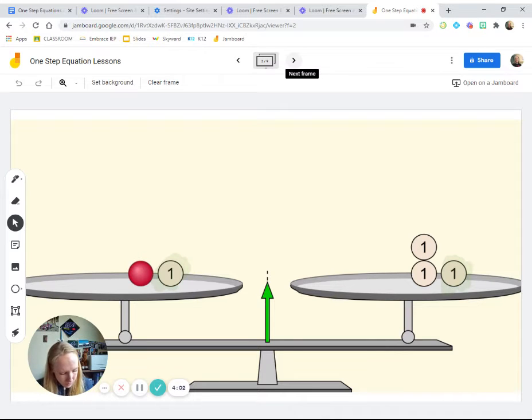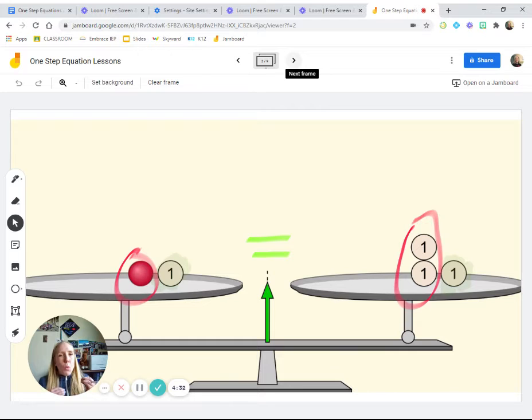Remember, there's an equal sign. You can imagine that the middle of the balance scale is the equal sign. So this red circle must equal 2, because that's what it would need to be equal.